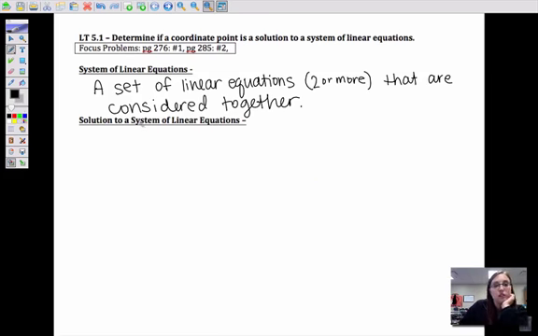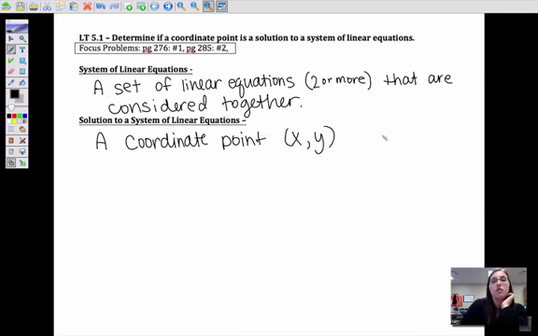And then a solution to a system of linear equations is a coordinate point. So that would be x, y. So two values, an x and a y, that satisfies both equations.